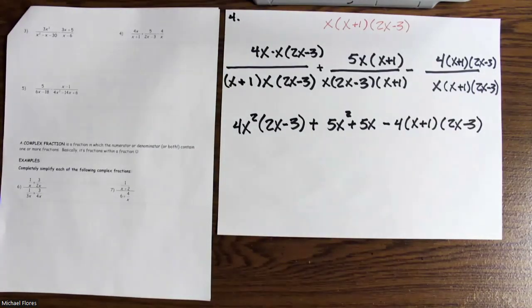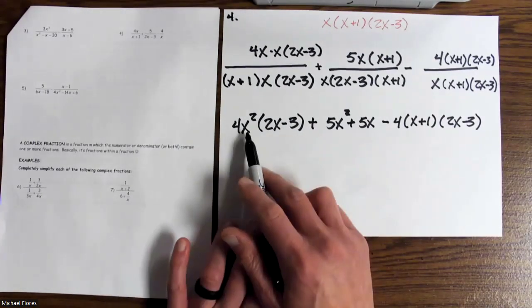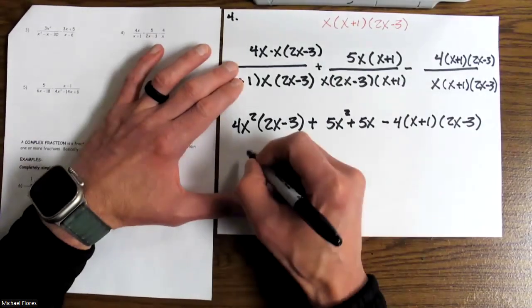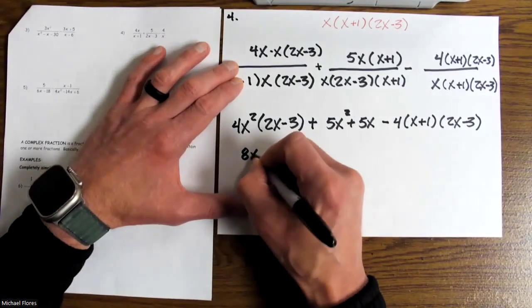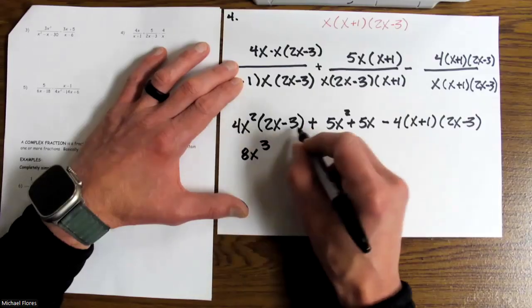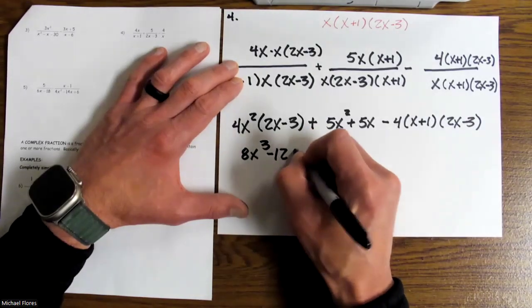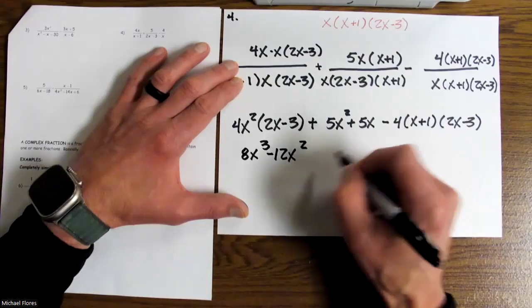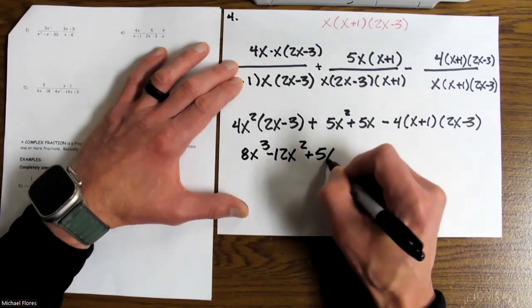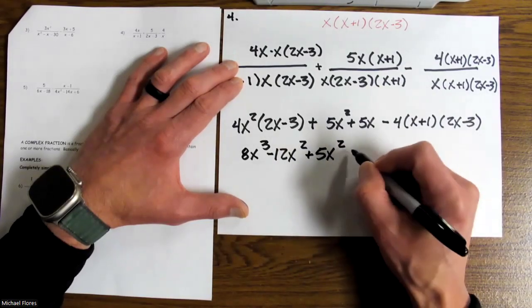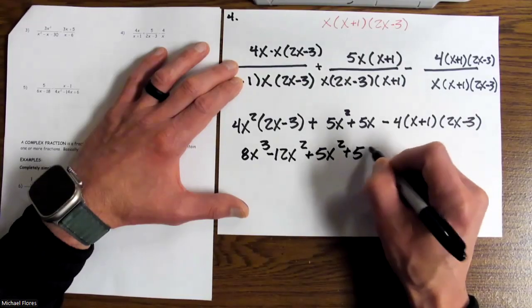Okay, there's more simplifying that can be done. I can distribute this throughout the parentheses, giving us 8x cubed minus 12x squared, bring down plus 5x squared, bring down plus 5x.